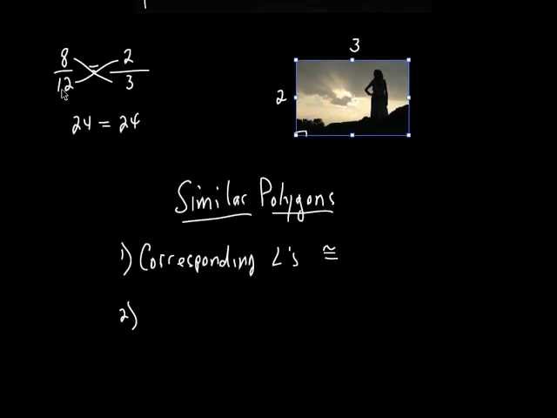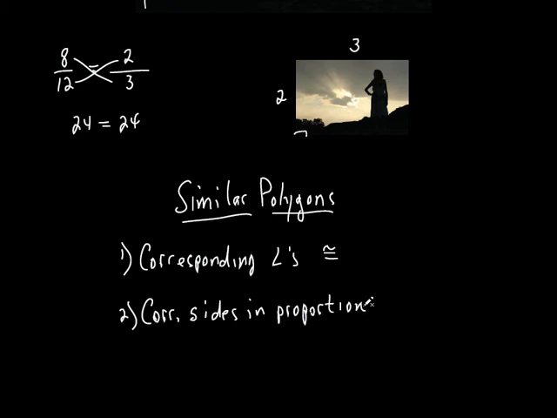What did we just say about the sides? The sides are in proportion, okay? And that's what I'm going to write right here. Actually, I should say the corresponding sides. I'll just shorten corresponding. Is that right? The corresponding sides are in proportion. They don't have to equal each other, but they do have to be in proportion.